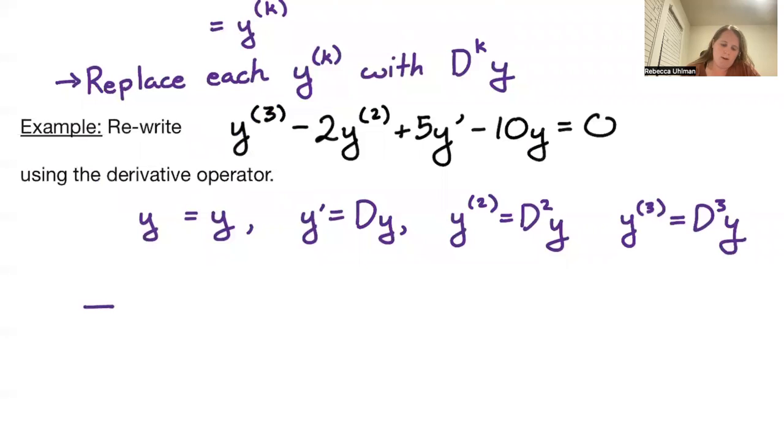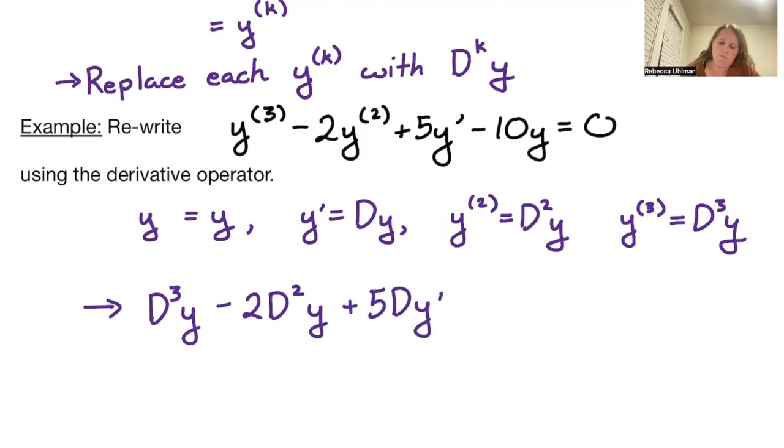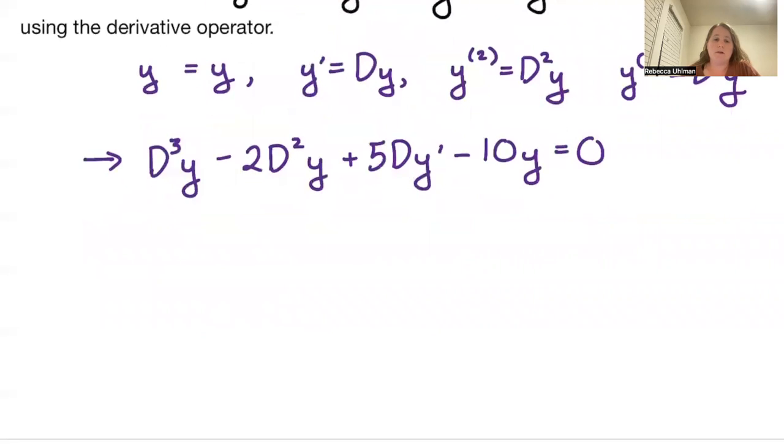So we wind up getting D cubed y minus 2D squared y plus 5Dy minus 10y is equal to 0.